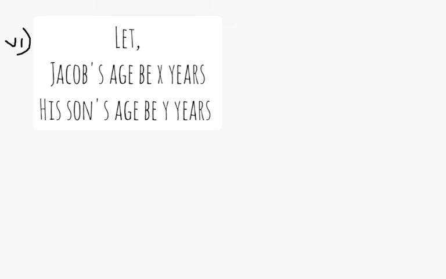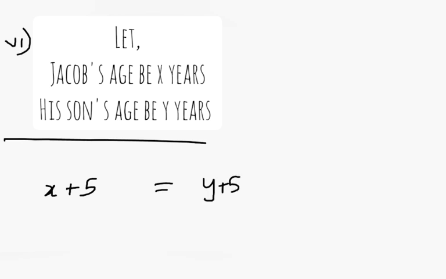Now according to the question, 5 years hence, that is 5 years in the future, because hence is after. So 5 years in the future, so we just add 5 to both of them. So x plus 5 and y plus 5, because if Jacob's age is 5 years after, then his son's age will also be counted after 5 years.